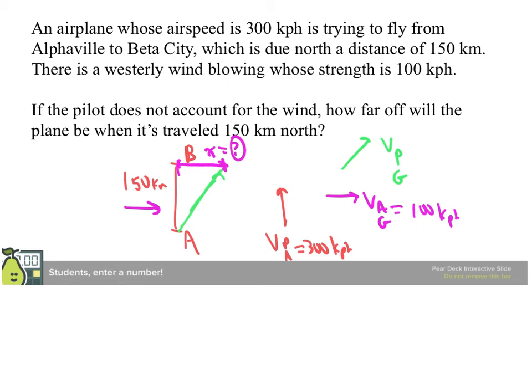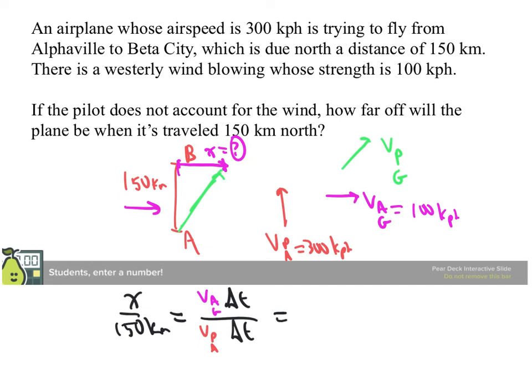And again, we'll have a similar triangle, so we'll say the distance we want, x, over 150 kilometers, is the velocity of the air relative to the ground times delta t, over the velocity of the plane relative to the air times delta t.